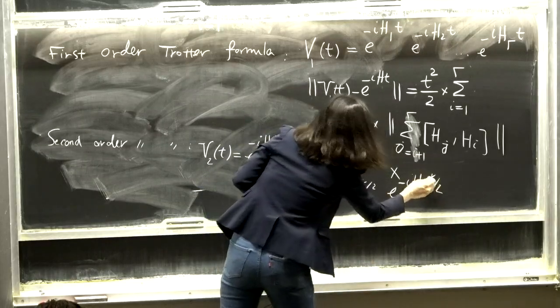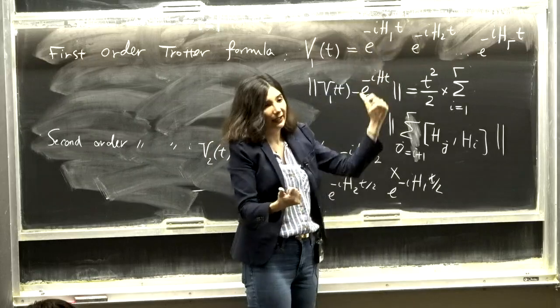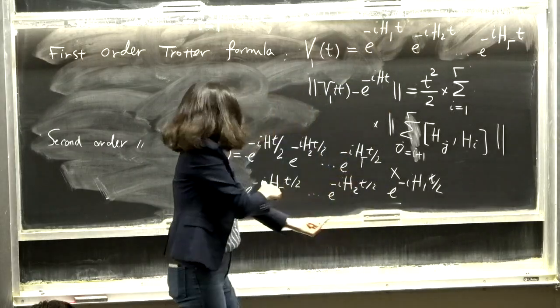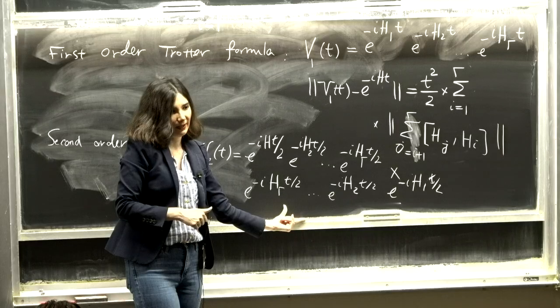All I did here was a first order expansion with t over 2, then reverse the order, and then do another with t over 2.